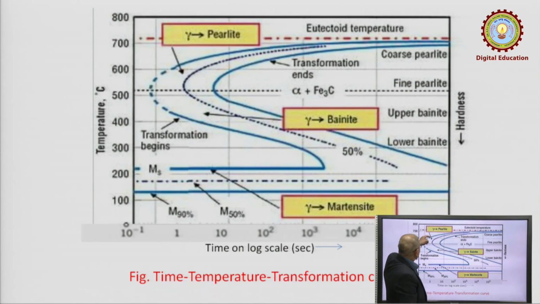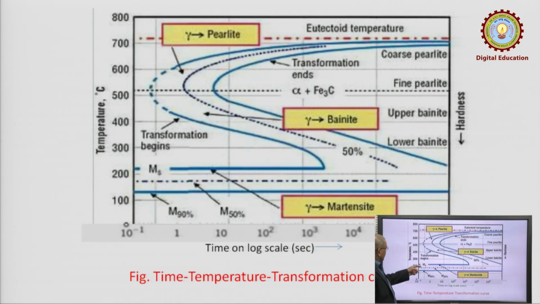This point is also referred to as the beginning point, and the point on this curve is referred to as the finishing point or completion point. In between there is a mean line, which indicates 50%, that means the transformation has taken place approximately up to 50%, generally in the mid portion.